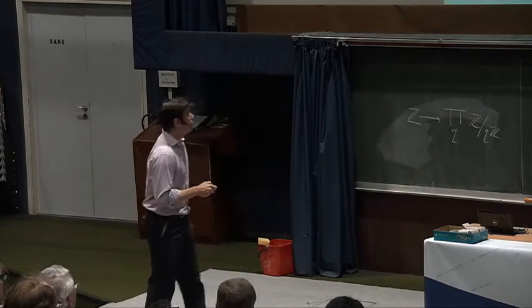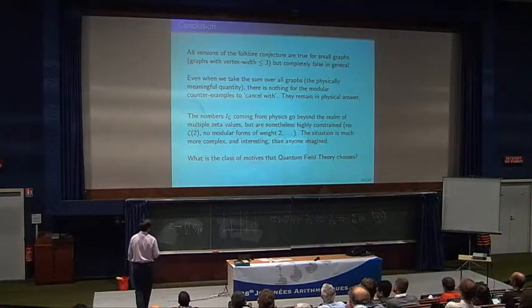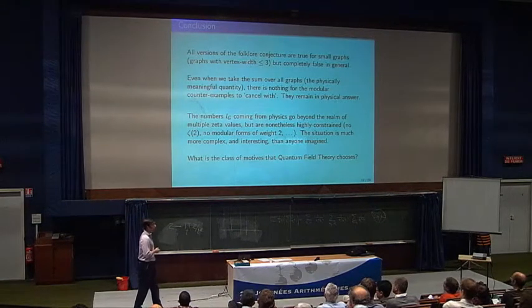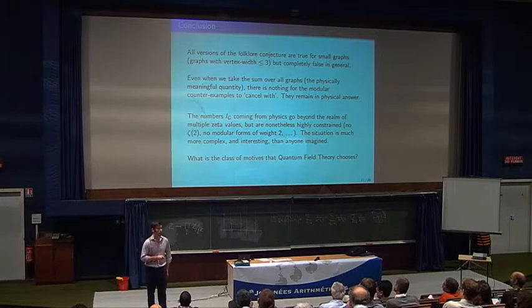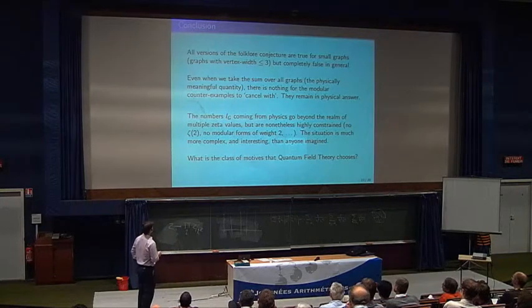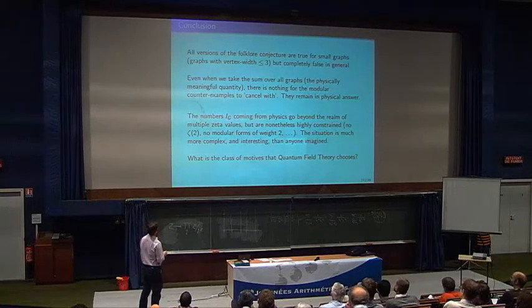And now that the folklore conjecture is completely wrong, we're left with the question: what are the numbers, and what is the class of motives that quantum field theory is picking out amongst the world of all possible numbers and motives?